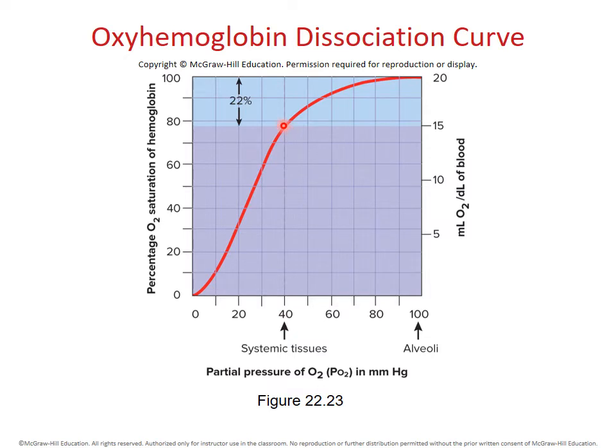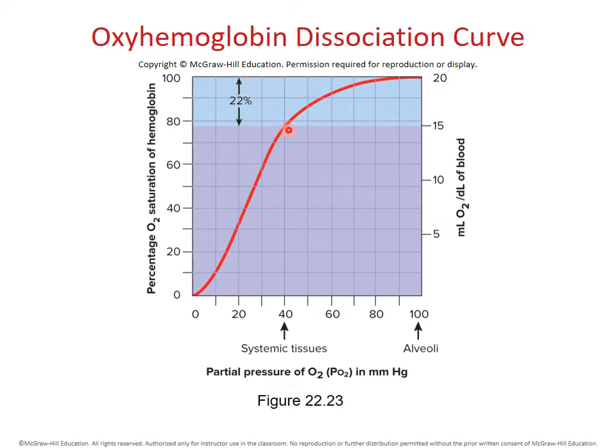I think the thing that surprises most people about this oxyhemoglobin dissociation curve is that only about 22% of the oxygen that the hemoglobin molecules contain is actually released to the tissues. Right? So when we get to a PO2 of 40, we only destabilize the hemoglobin molecule enough that it releases on average about 22% of the oxygen that it contained.